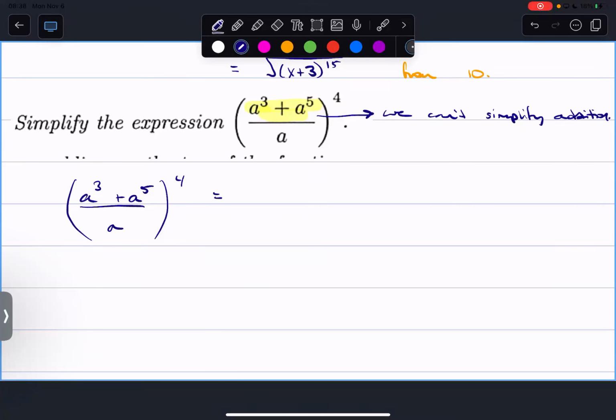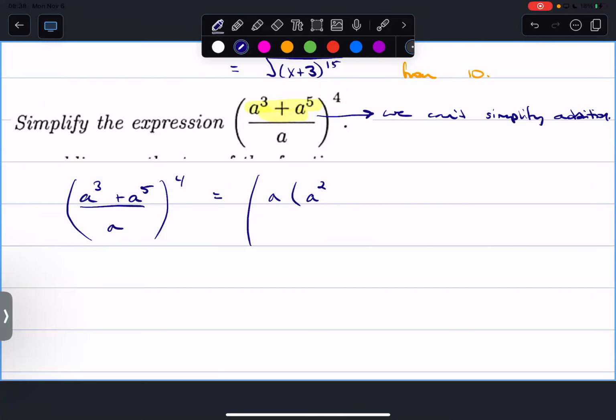Kind of makes more of a mess in my opinion, so I'm not going to do that. But that's another way that you could do it and just grind through it. As long as you follow the rules of the game, then it's all fair. So what I'm going to do is pull out a common a, which means that I have a times a to the power of 2.